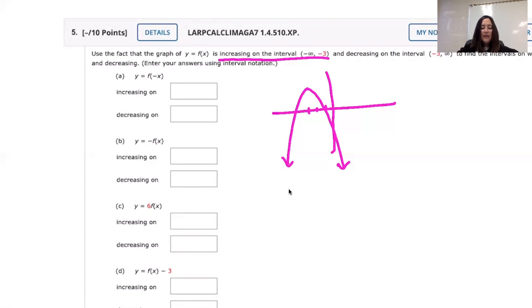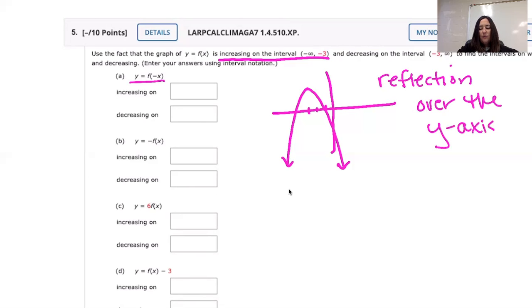So what you have to do is look at what these are saying. It's taking this graph and trying to determine, if you do this transformation, what's going to happen? So what this does is it reflects it. It's a reflection over the y-axis. So if we are reflecting this over the y-axis, instead of this vertex right here being at x is -3, you would now be at x is +3.